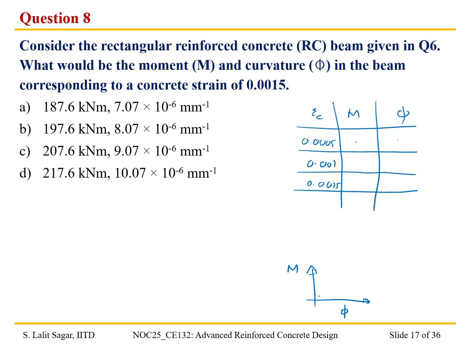Okay, this is going to give us some kind of a moment curvature plot. So this is the big picture, the ultimate objective of the problem that we are doing. Kindly take a few minutes and let me know what would be the value of M and phi.